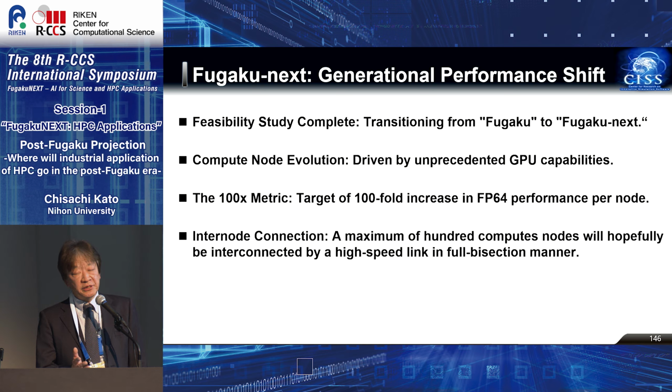But if your application also increases its speed by 100 times, it would only require 100 to 400, okay? That is a feasible number that industry can afford. 10,000 or 40,000 nodes is not a feasible number, but 100 or 400 is within a feasible number.